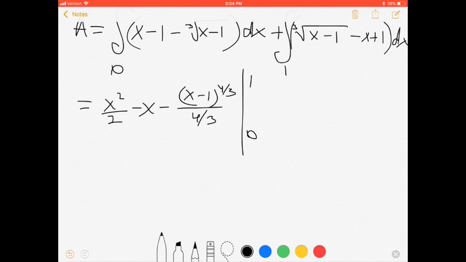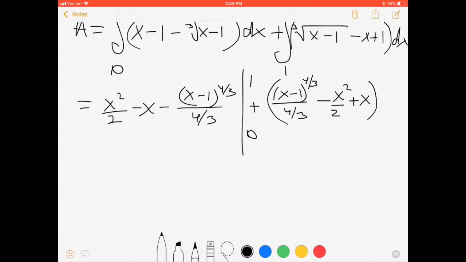The second integral gives me a very similar answer, but here we have (x minus 1) to the power 4/3 over 4/3 minus x squared over 2 plus x. And all of this you need to plug in from 1 to 2.